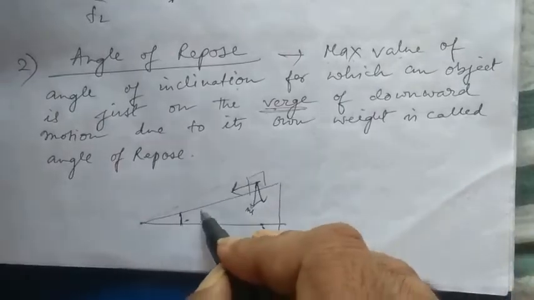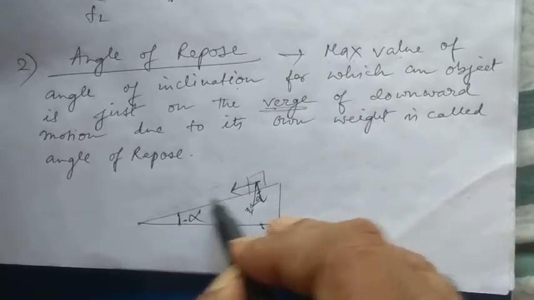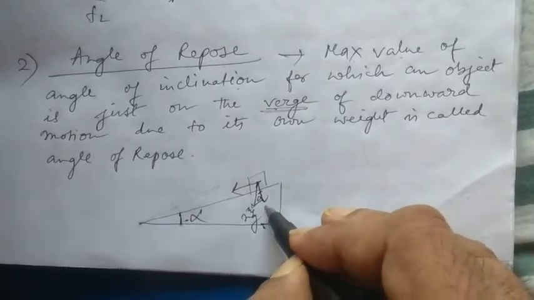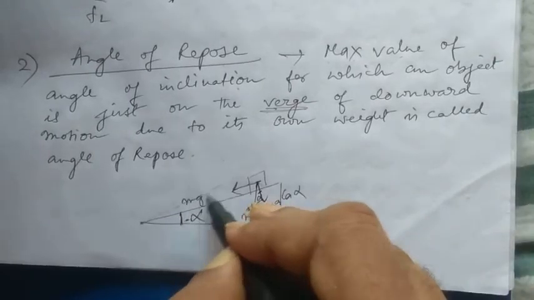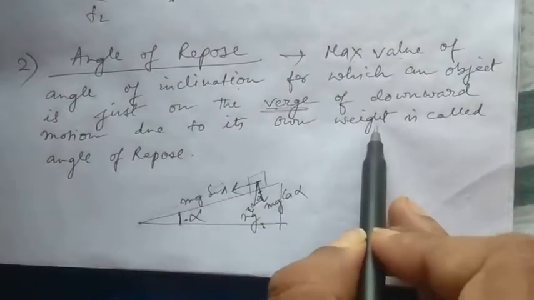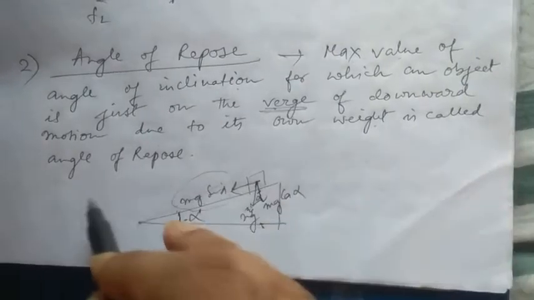Now if this angle is alpha, this angle is also alpha. So mg is divided into two components. One is mg cos alpha, and along the incline it is mg sin alpha. So due to its own weight, a component of its own weight, that is mg sin alpha, is called the angle of repose.